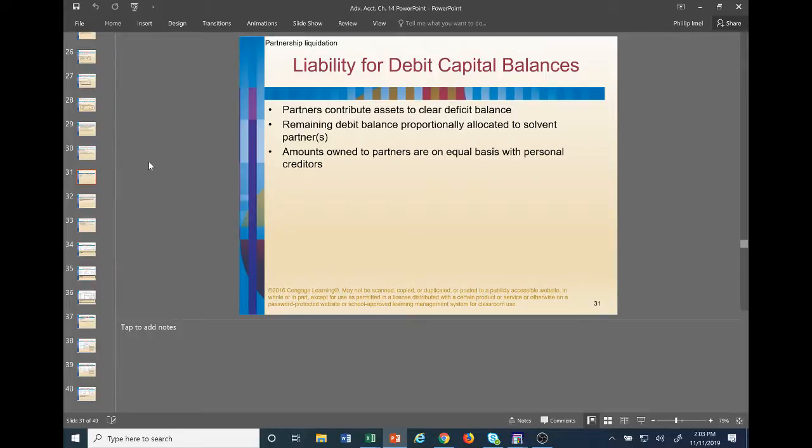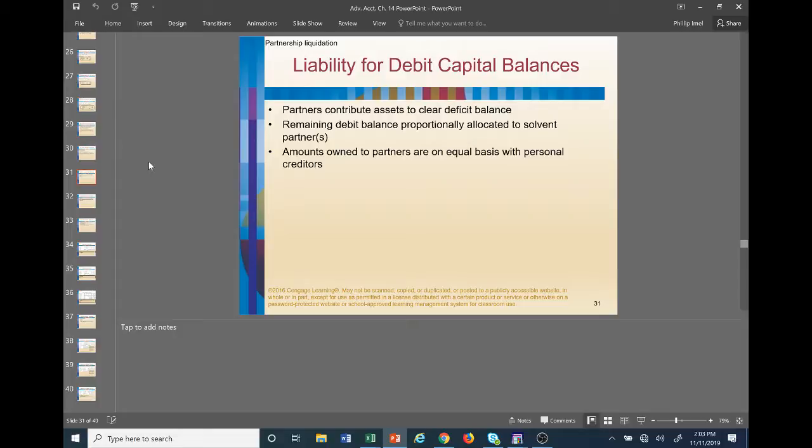Liability for debit capital balances. The RUPA states that the partners should contribute assets to the partnership to the extent of their debit capital balance. If such a contribution is not possible, the RUPA states that the other partners should make additional capital contributions totaling the debit or deficit balance.